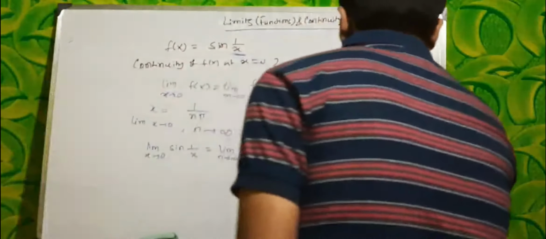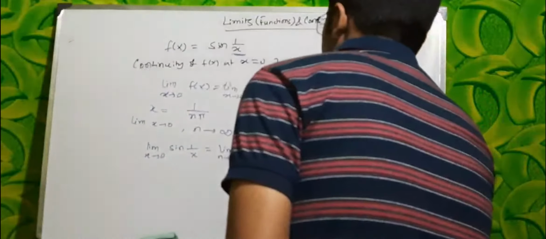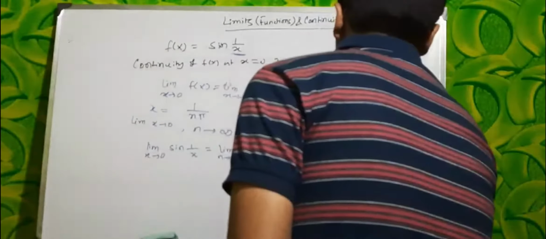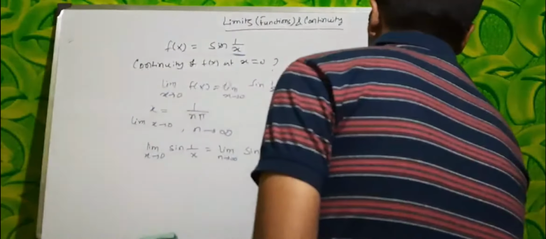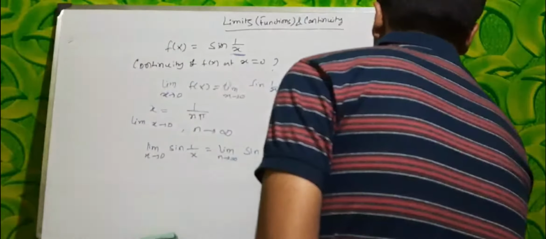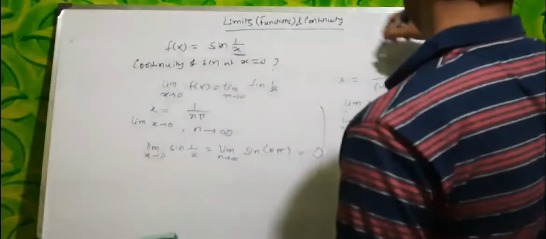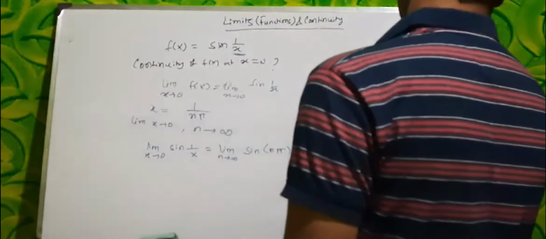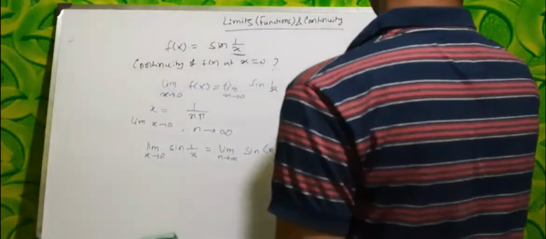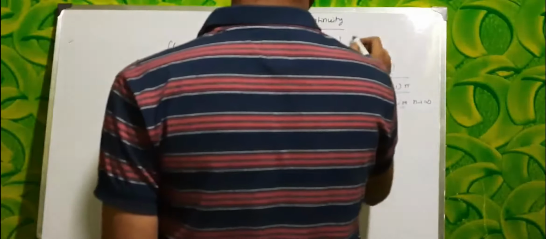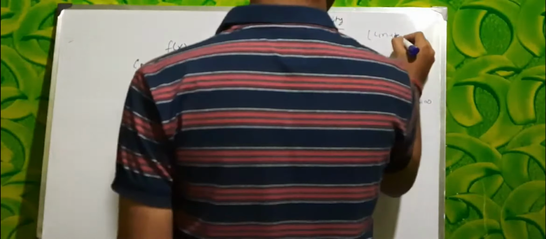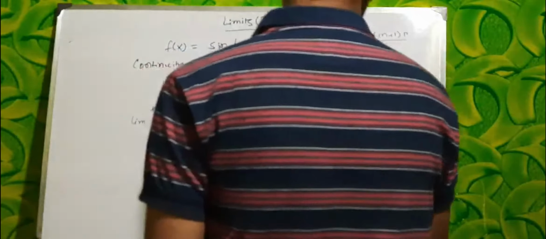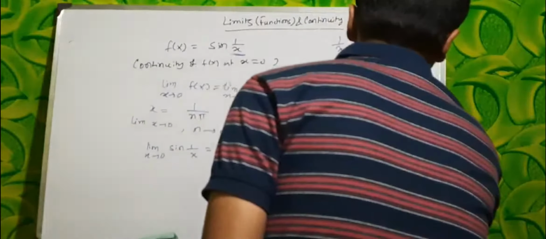So in a similar way, we can write limit x tends to 0 of sine of 1 over x equals limit n tends to infinity of sine of, since it's 1 by x, so 1 over x we get (4n plus 1) by 2 pi.